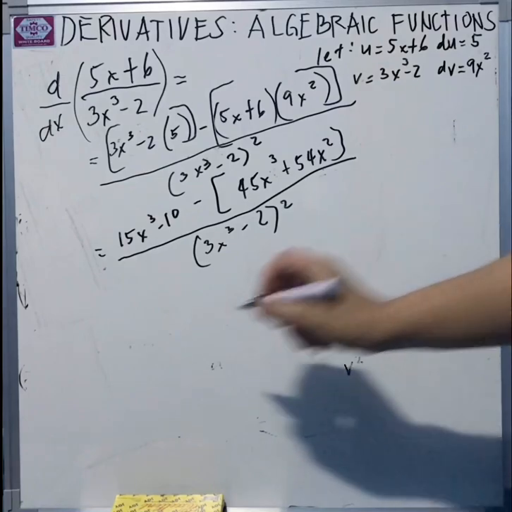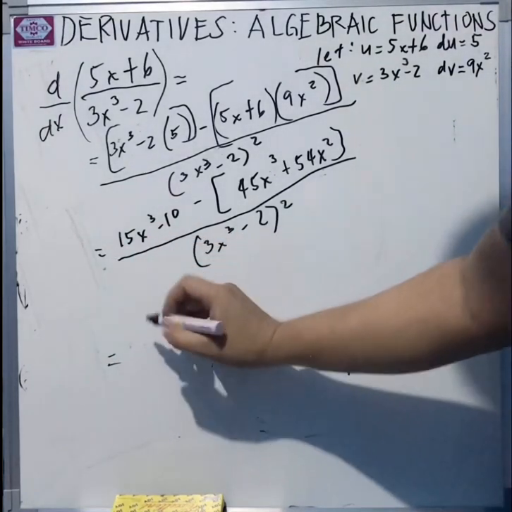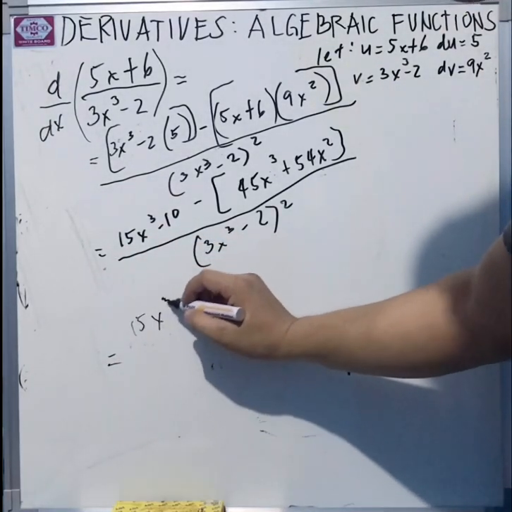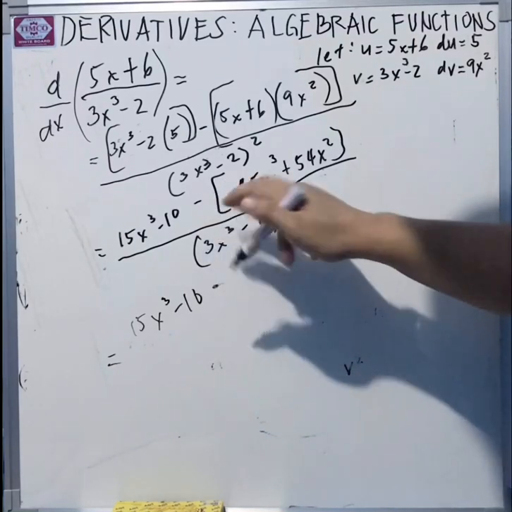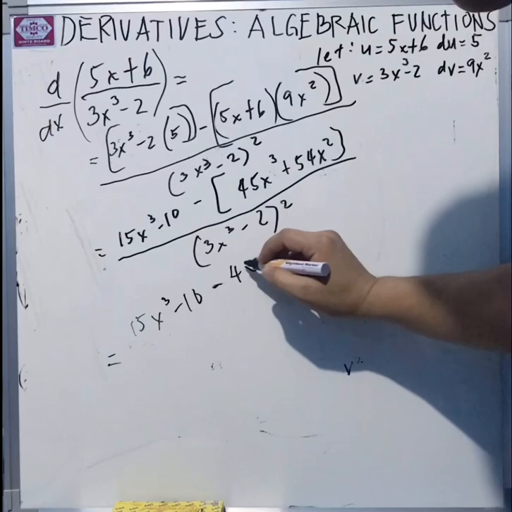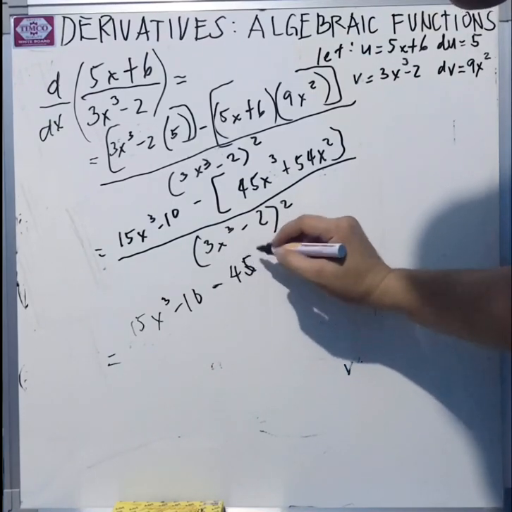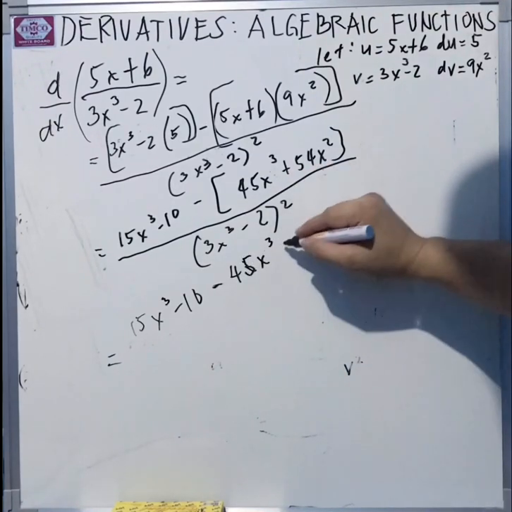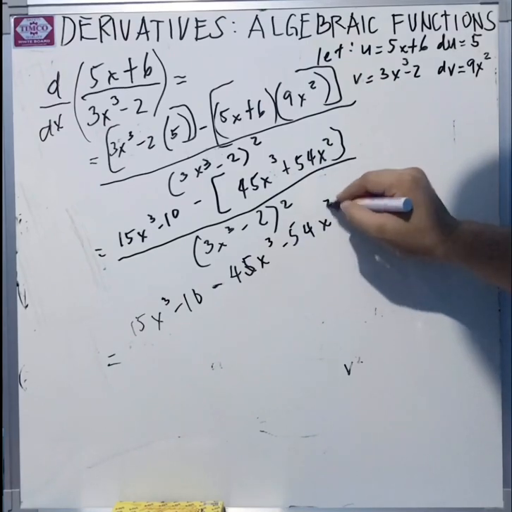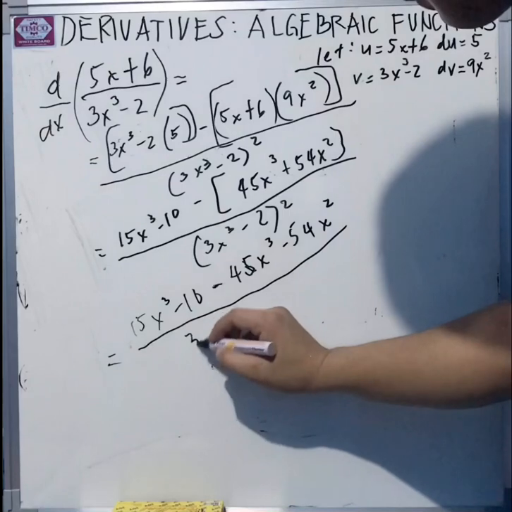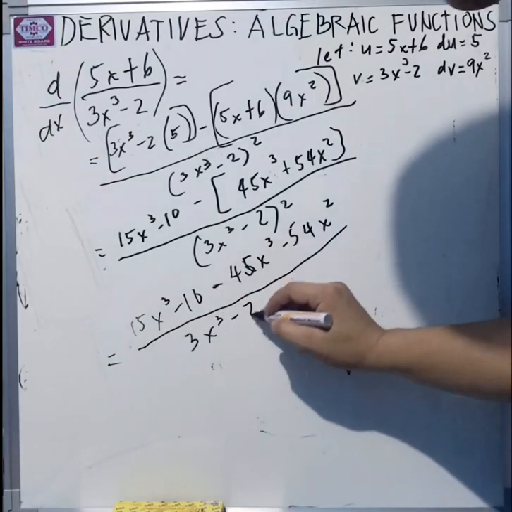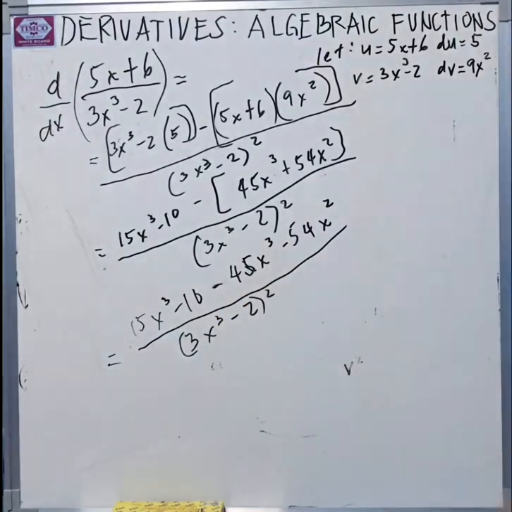So, equal siya sa 15x cubed minus 10 minus 45x cubed minus 54x squared, diba? All over 3x cubed minus 2 squared.